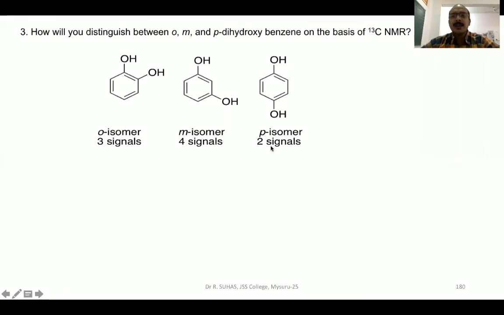So if you are given dihydroxybenzene and asked to identify which isomer it is, you just have to scan that compound by C13 NMR, and based on the number of signals obtained, you can say whether the given compound is ortho, meta, or para.